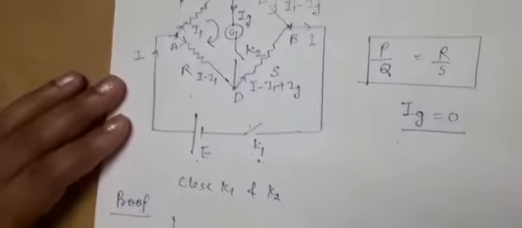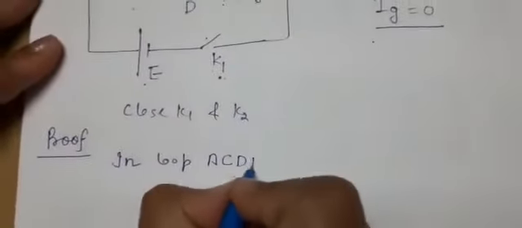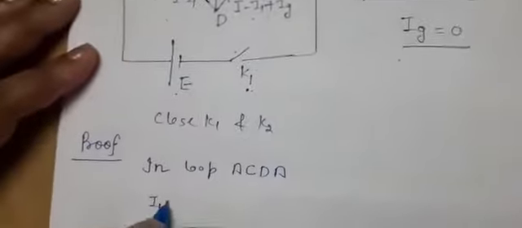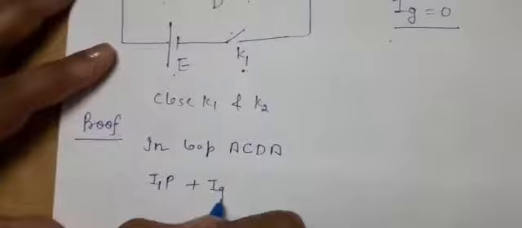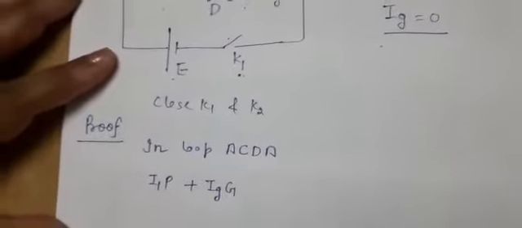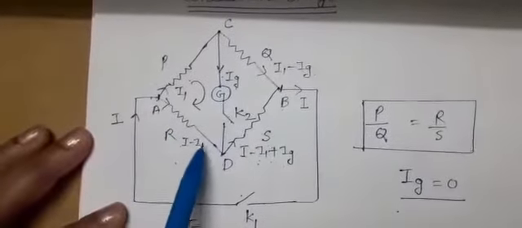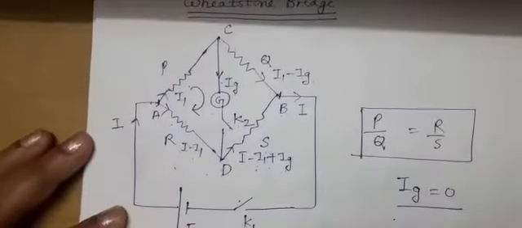Now for its proof, in loop A, C, D, A, as current I1 is flowing through P, the drop is I1 into P, plus Ig current is flowing through the galvanometer. Now see in the figure, when you come across this, the direction of current is opposite to the direction of moving in the loop.